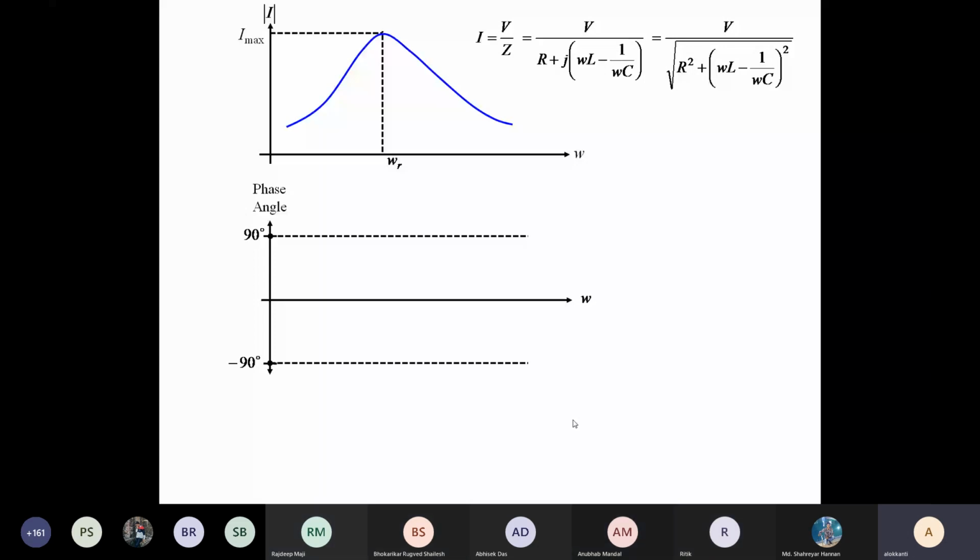If capacitance is dominant, the current is leading. The phase angle will start from minus 90 degrees and then go to plus 90 degrees. The current will lead, because in the lower value, capacitance is dominant.